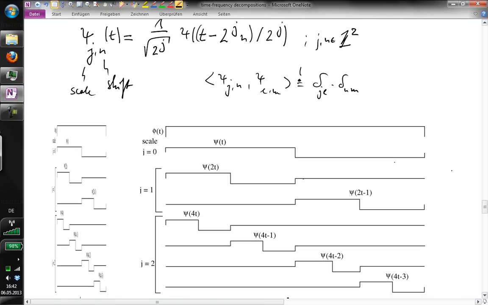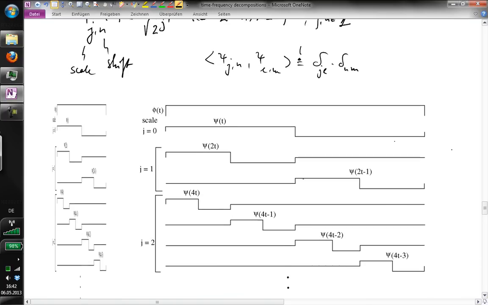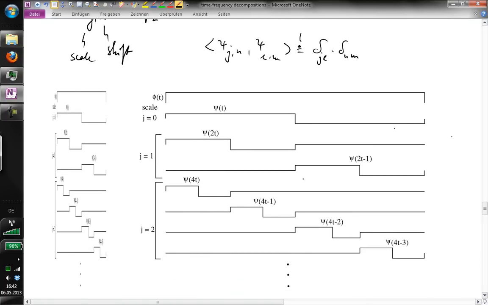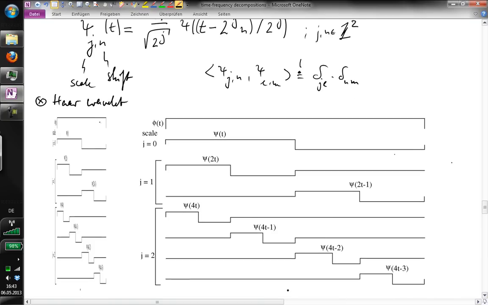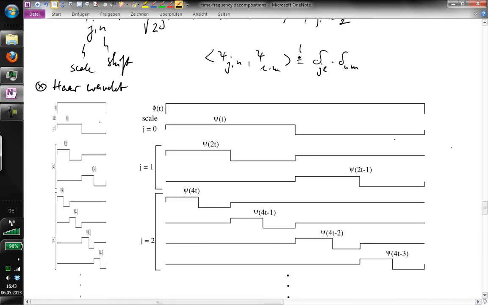Now essentially there are two wavelets that fulfill these properties that are easy to design, and the others need a lot more math. One of the easy examples is the Haar wavelet that you've probably heard about. Shown on the left are the basis functions.